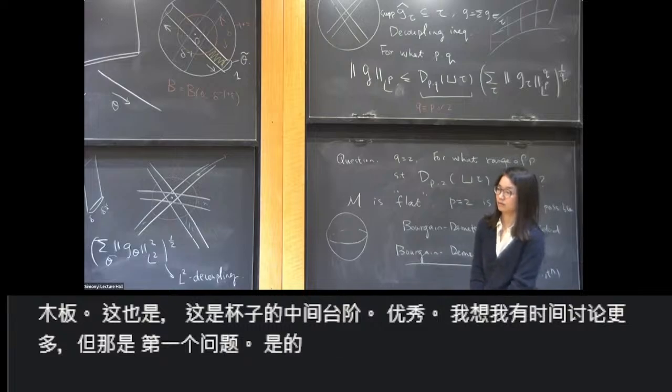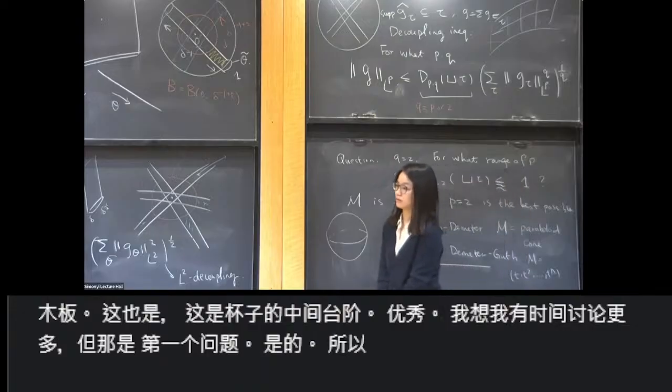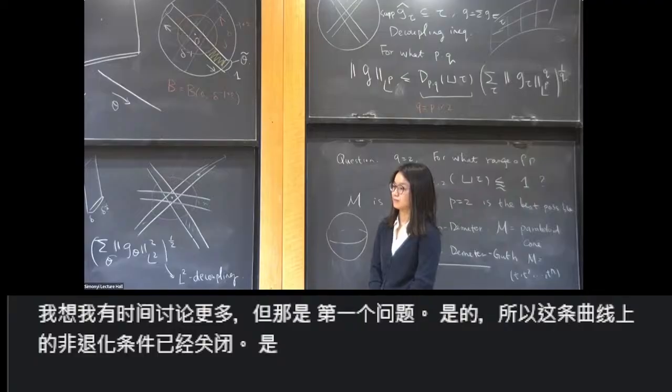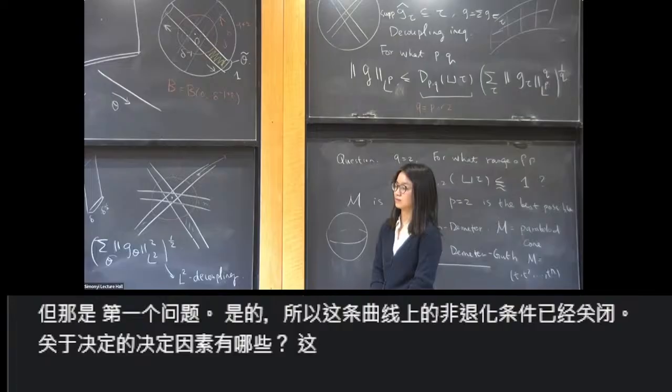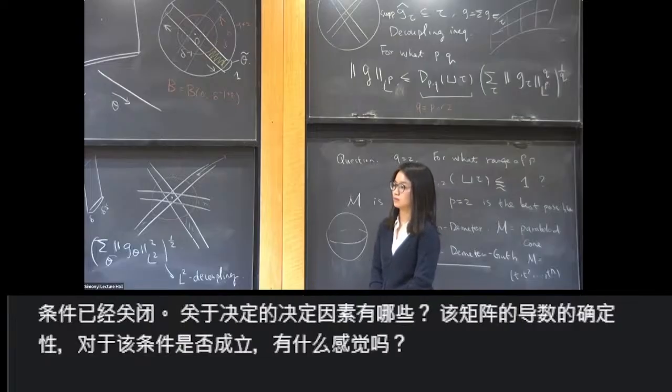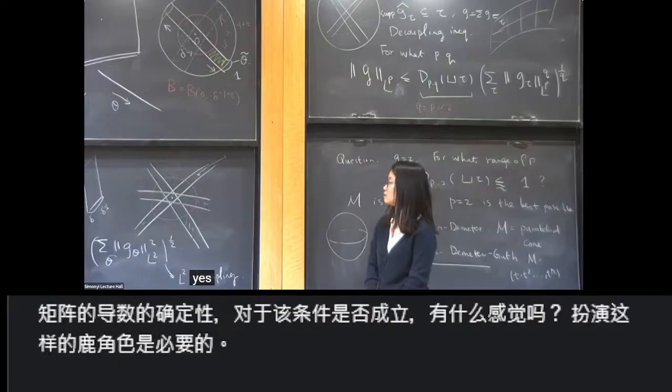Yeah. So the non-degeneracy condition that you've imposed on this curve is about the determinants. Is there any feeling for whether that condition is necessary for such a theorem to hold? Yes.